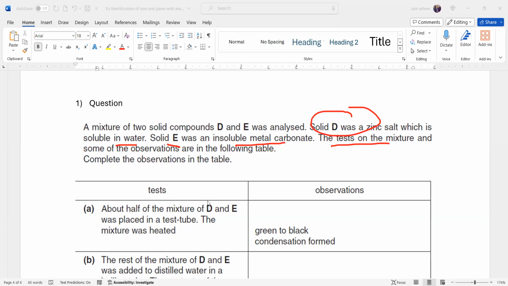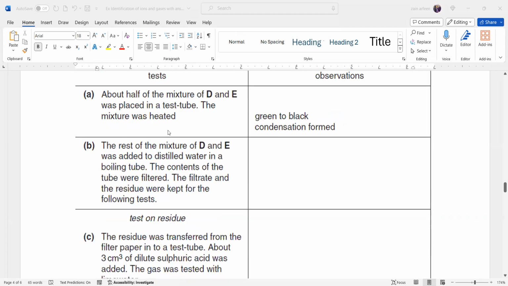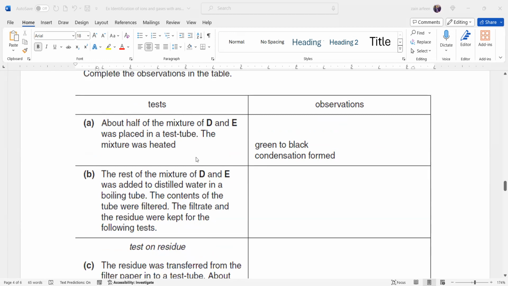First thing, what we did, about half of a mixture of D and E were placed in a test tube. And the mixture was heated, green to black, and condensation formed. First thing, whenever it's a colored salt, what does it give an idea? Because they already mentioned D is a zinc salt, so we know about D that there is a zinc and then any other thing is there.